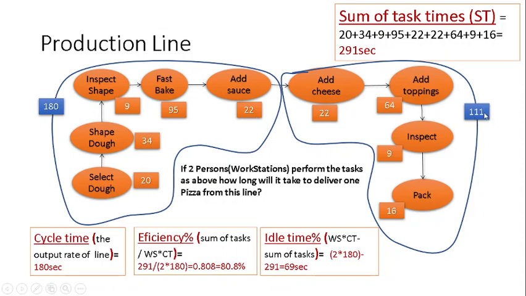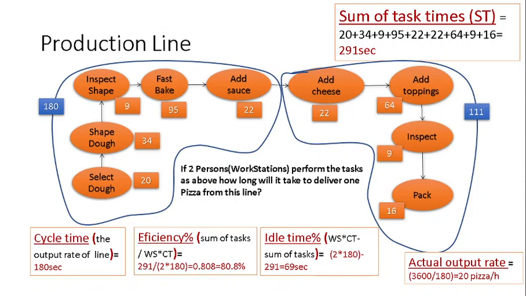So this is the idle time. Now, if we want for this setting to calculate again the actual output rate, how many pizzas do we produce per hour, we find that we can achieve with that setting 20 pizzas per hour.